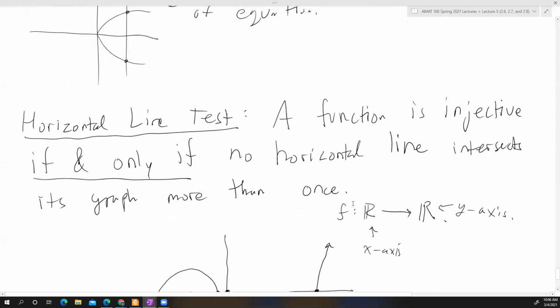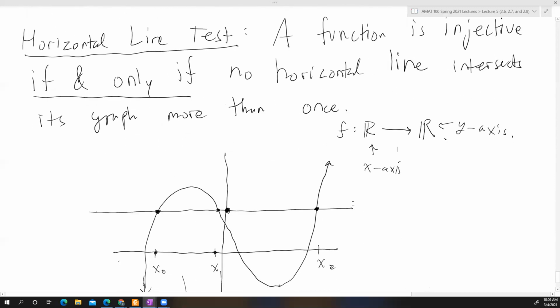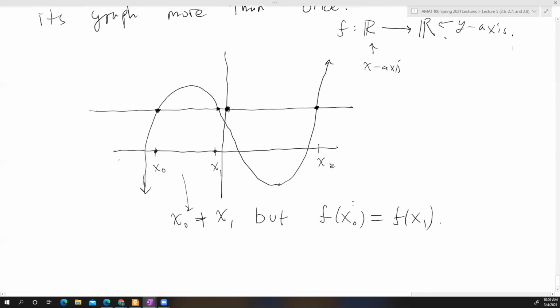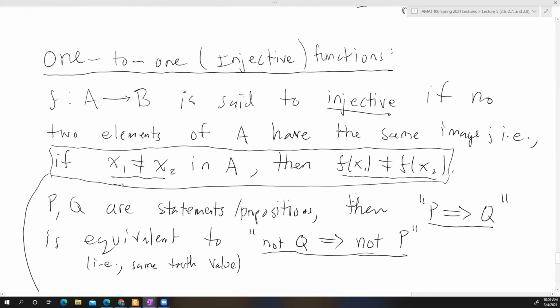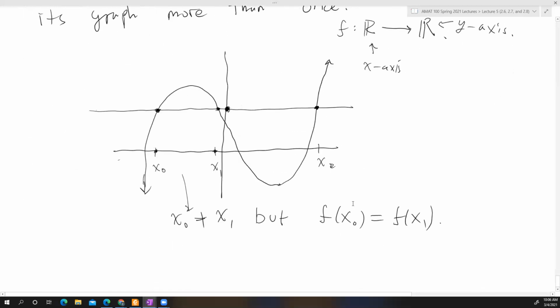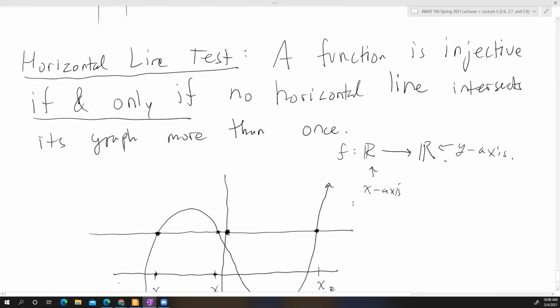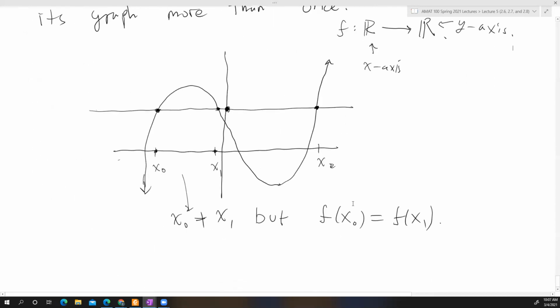So this hopefully illustrates why. In other words, for a function not to be injective, let's go back to the definition. Why is this not injective? We have this horizontal line test, which supposedly gives us another equivalent condition for determining whether a function is injective or not. But let's look at why it's not injective from the definition of injectivity.